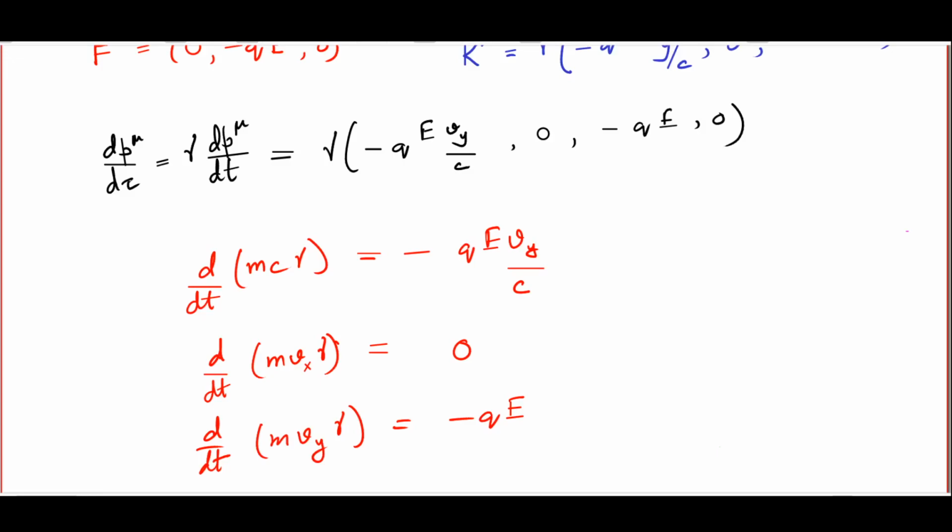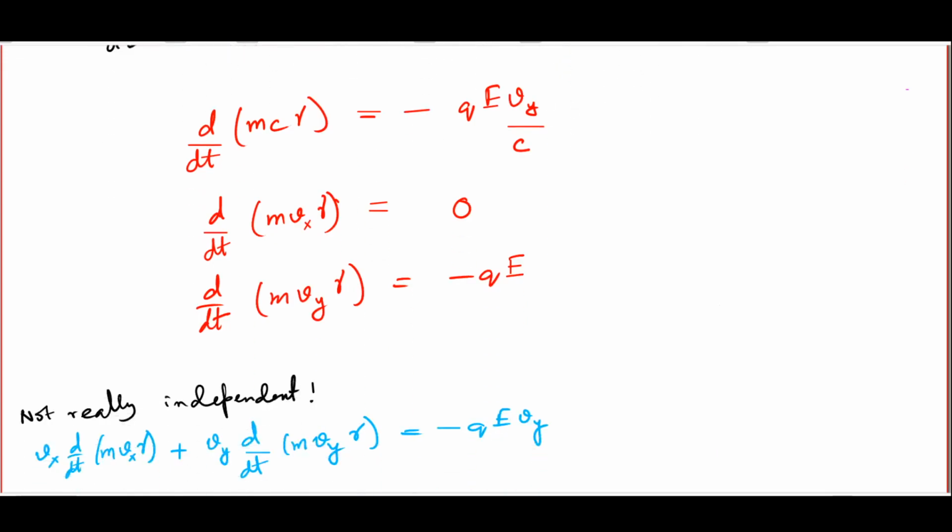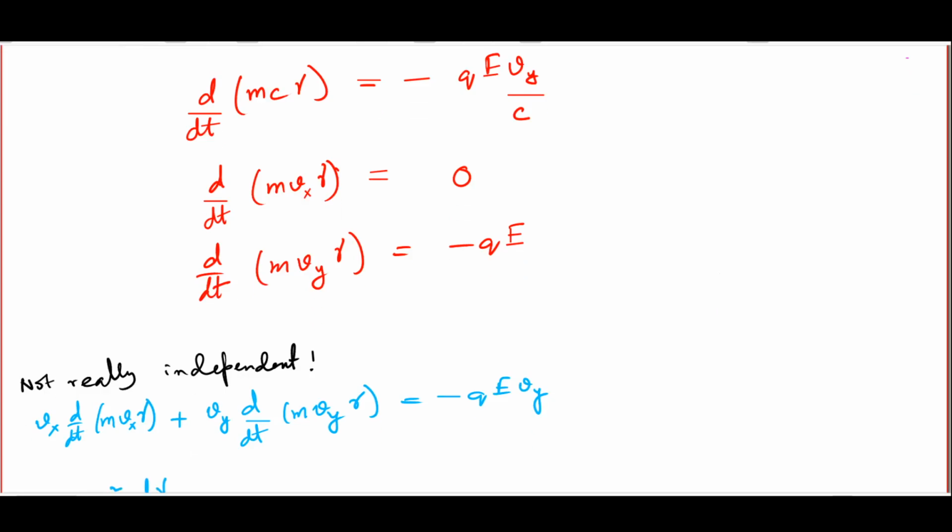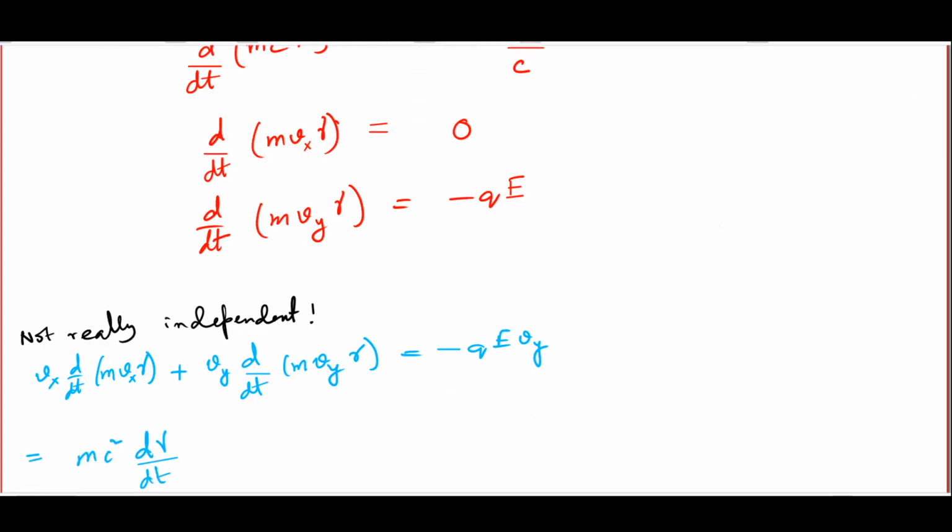In fact, if I take the second and the third equation, multiply them respectively by v_x and v_y, we will actually, after a bit of manipulation, end up with the first equation itself. So, there are really 2 independent equations out here, but writing them as 3 equations makes life a bit easier, as you will soon see.